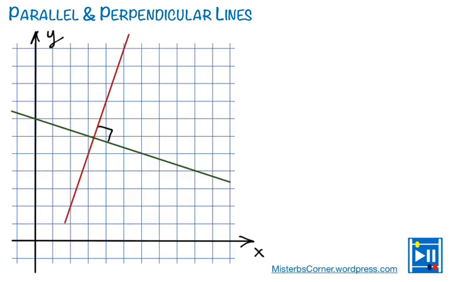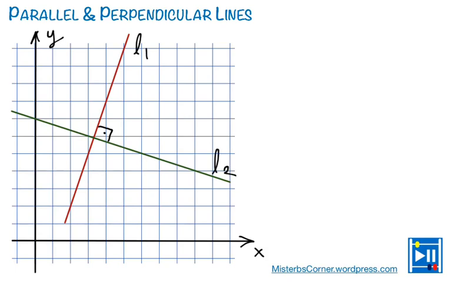When it comes to perpendicular lines, meaning when two lines intersect with the angle of 90 degrees, then their gradients multiply out to -1.